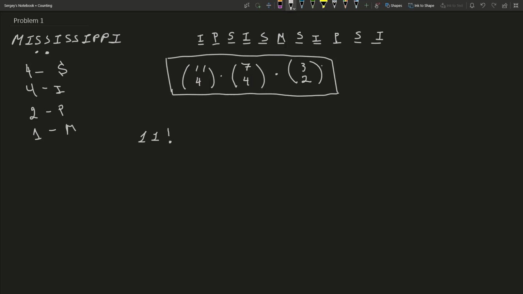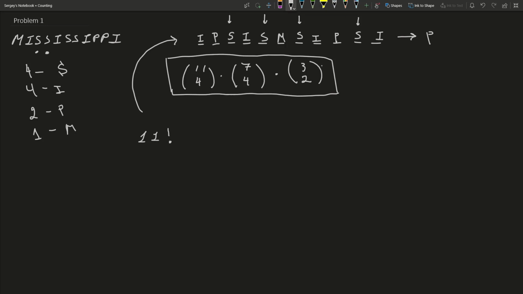Well, one of these 11 factorial permutations is this one here, the one we've considered. Let's give this a name. Let's call it P. Well, notice that for P, there are some permutations of P itself that leave P unchanged. For example, if we permute the letters S amongst themselves, then we still get permutation P. It doesn't change.